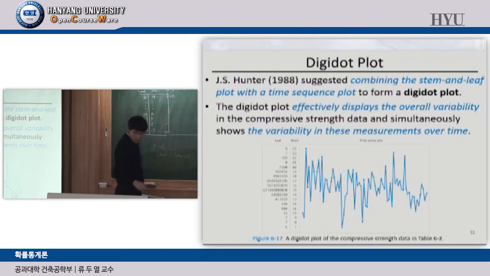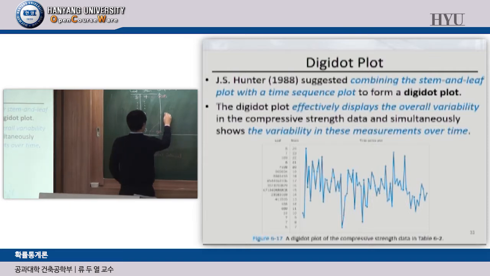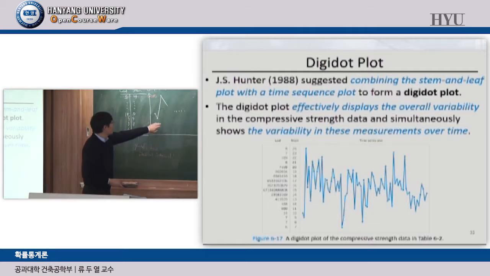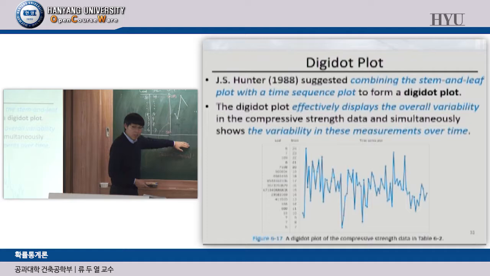And if we obtain the data point here first, and here, and here, we can draw this time sequence plot, okay? Because we obtain the data with the time. And we can simply display the data point with the time, okay? This is a time sequence plot.